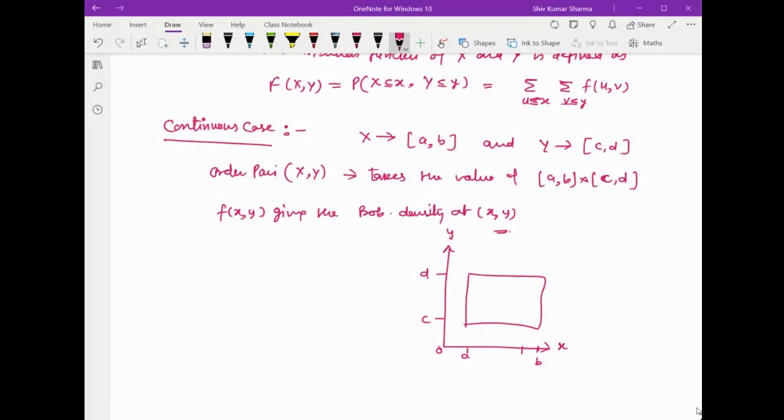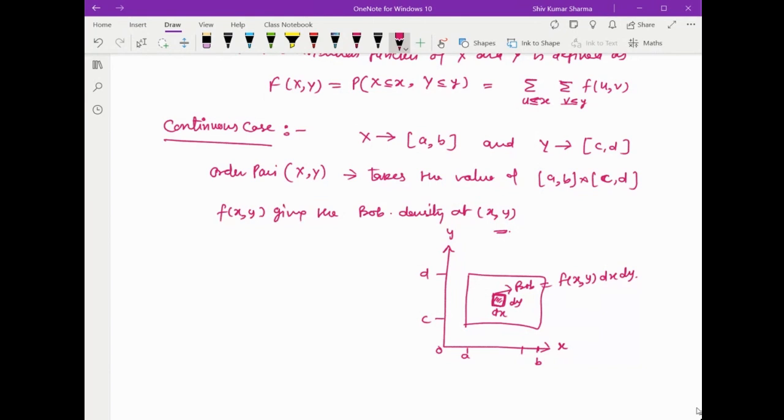We take a small portion for finding the area, dx and dy, length and width. So the probability, for a two-variable function, is f(x, y) dx dy. So the area of this is dx dy.